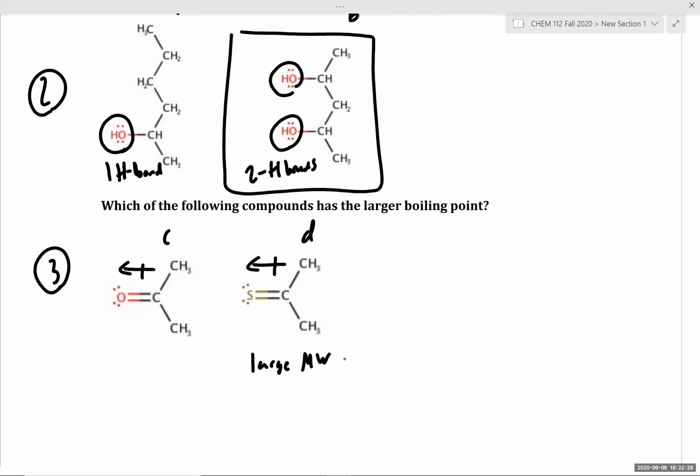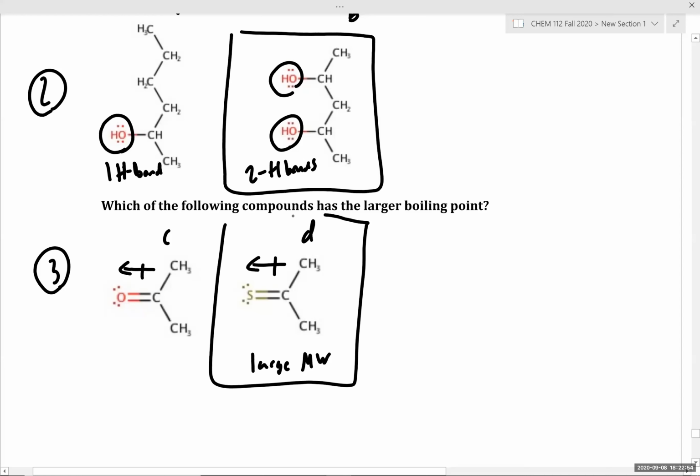Because if we have a large molar mass in one of our molecules, which molecule will have the larger London forces, C or D? Which of the molecules will have a larger set of London forces? Molecule D, that's correct.